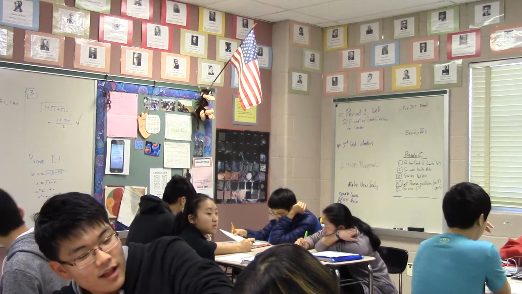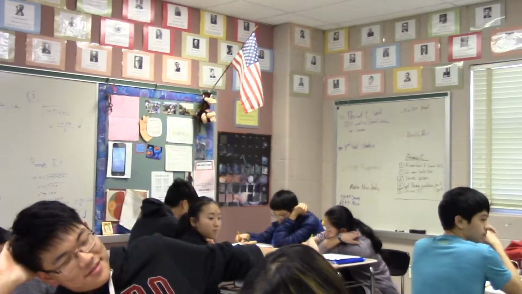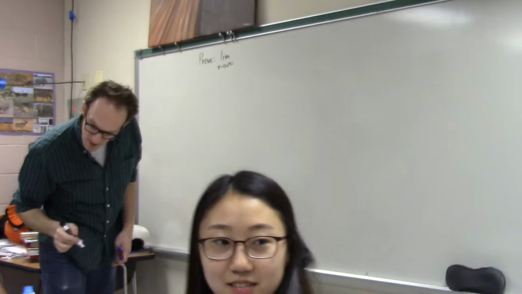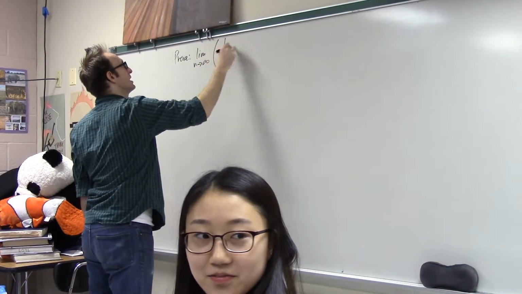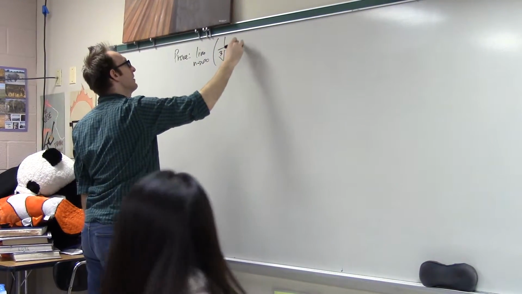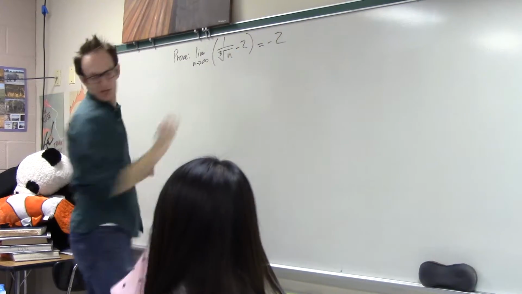let's do this really fast. So we have to prove, as n goes to infinity, the limit of 1 over the cube root of n minus 2 is negative 2.